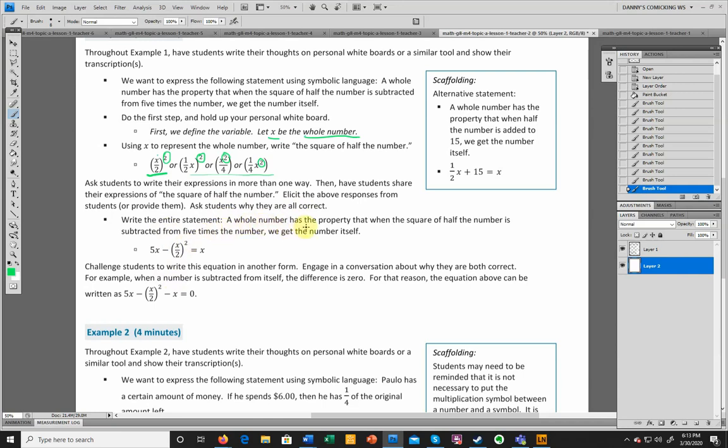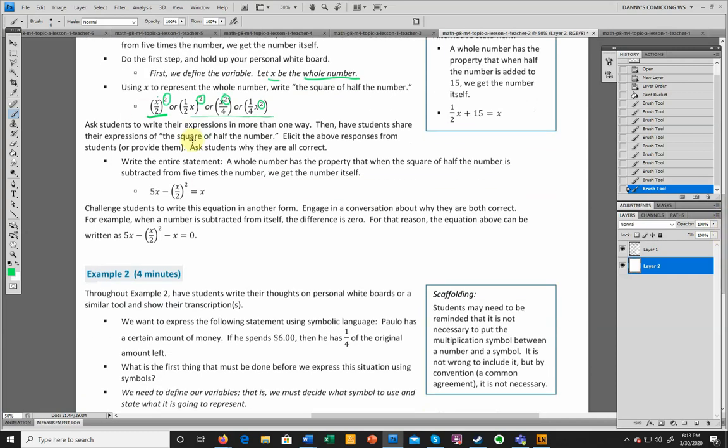a whole number has the property that when the square of half the number is subtracted from 5 times the number, we get the number itself. That's a very hard statement, so we're going to break it down. A whole number has the property. Property means something about it.